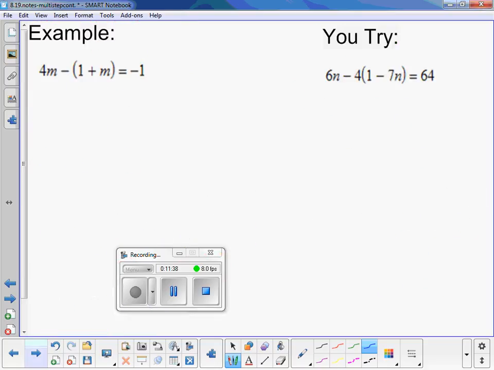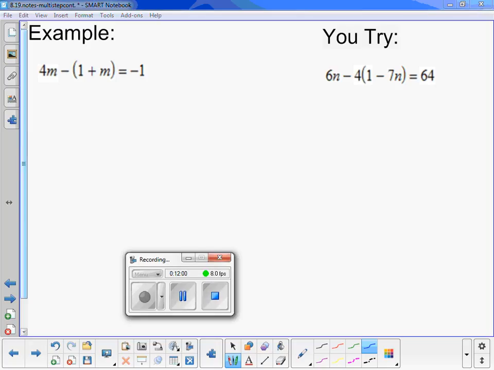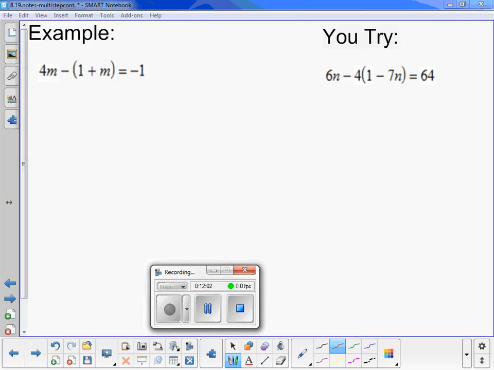All right, so looking at this next example, the main thing that I'll put this here to point out is that notice it says 4m minus, and then there's parentheses. Well, what I want you to realize and recall is that whenever you have a variable or a grouping symbol and there's nothing beside it, you can always assume that there is a 1 because there's an imaginary 1 there.